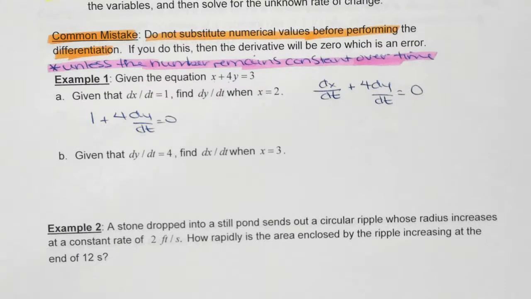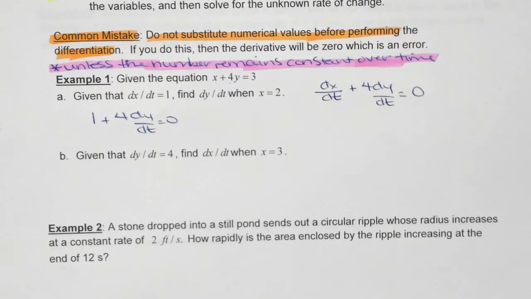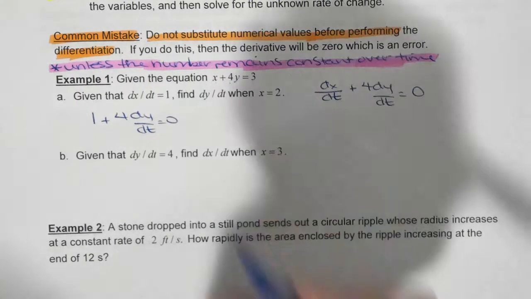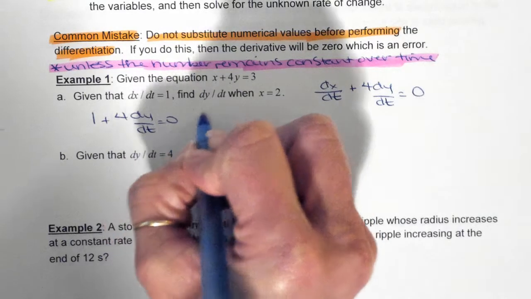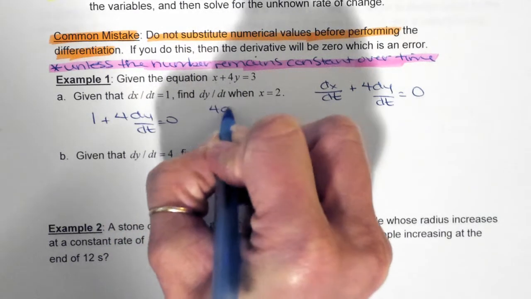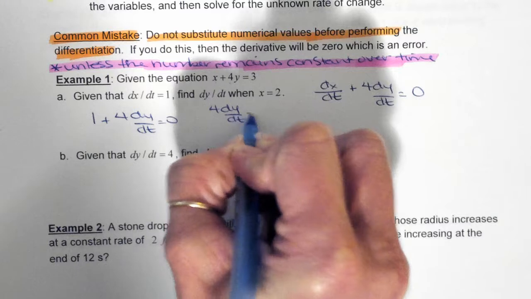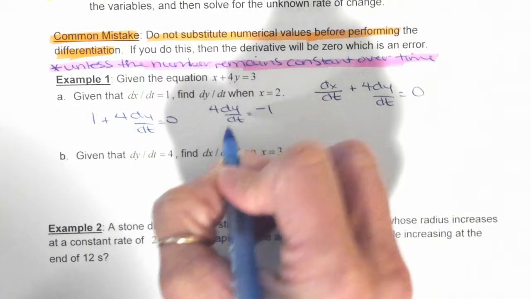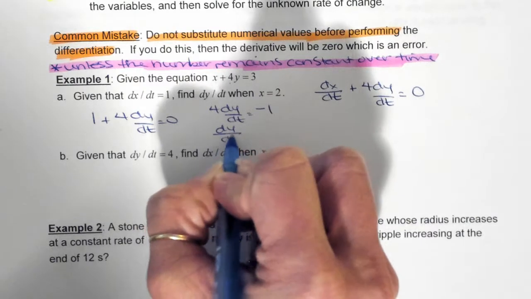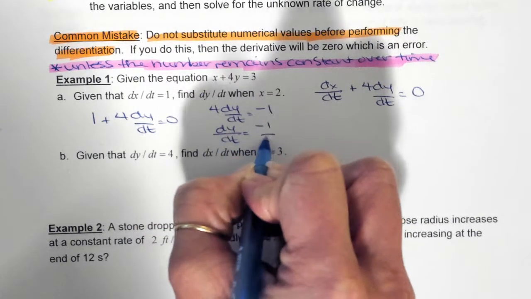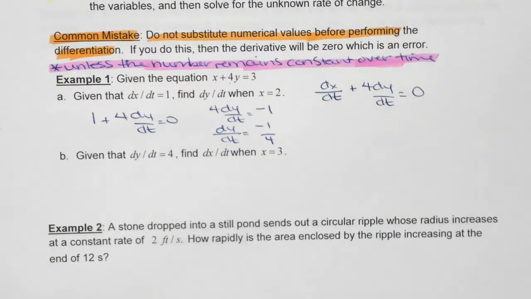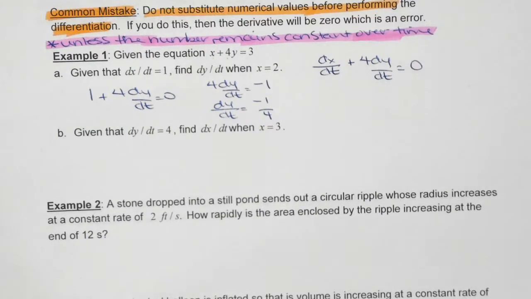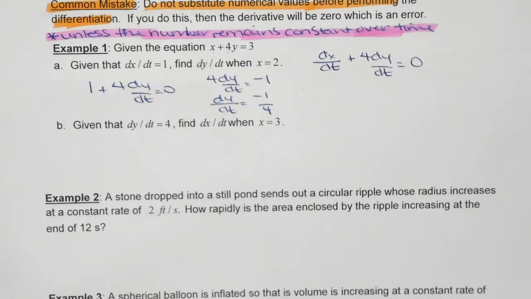If I want to solve for dy/dt, what's my next step? Okay, fine. Subtract 1. So here we've got 4 dy/dt is equal to negative 1. Solve for dy/dt. Negative 1/4. Okay? No big deal, right? Just like any equation you're solving for a variable.